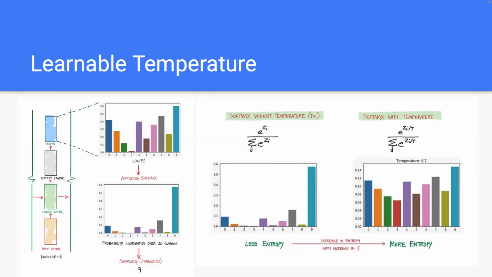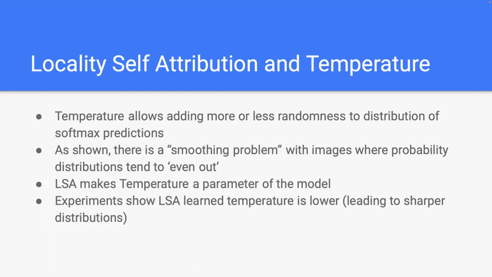Normally though, you have to manually do that when you're doing machine learning. You have to set the hyperparameter beforehand. Go like, all right, I'm going to make this temperature 0.5. I run it, I pay my money to GCP, because I burned up TPU hours or GPU hours, and then it comes out and it doesn't work, and I have to adjust the temperature again. So you're fiddling around to find out. Next slide. What they do in this paper is they say, well, let's make temperature a learnable parameter.